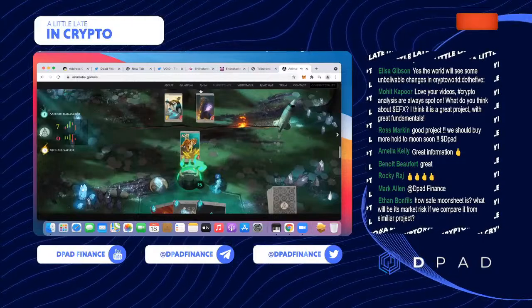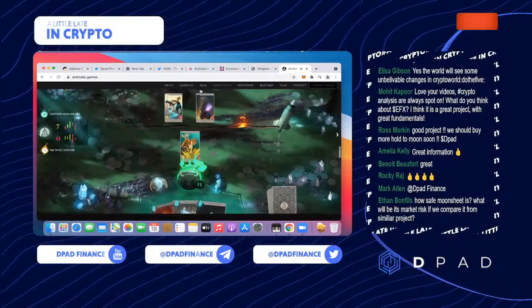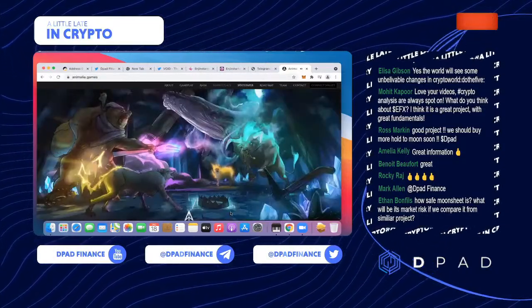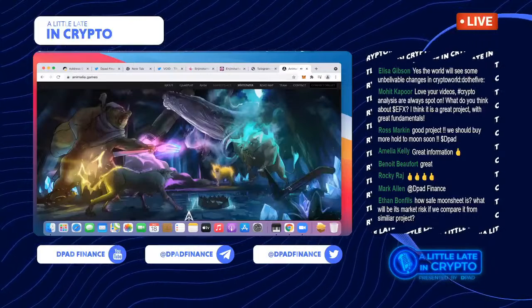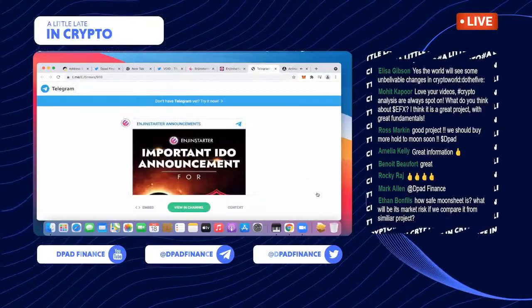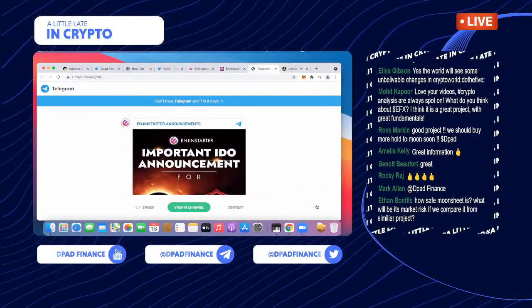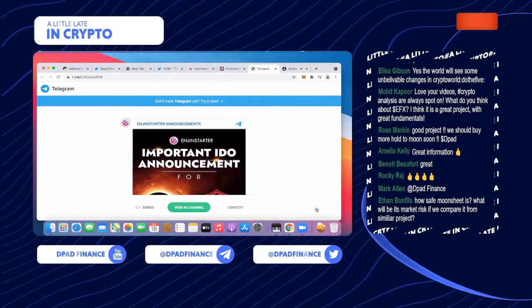Probably now we need to look around their Twitter itself. Oh, we can go from here as well. So roadmap, white paper, marketplace.